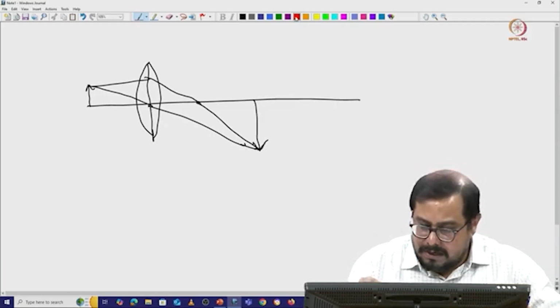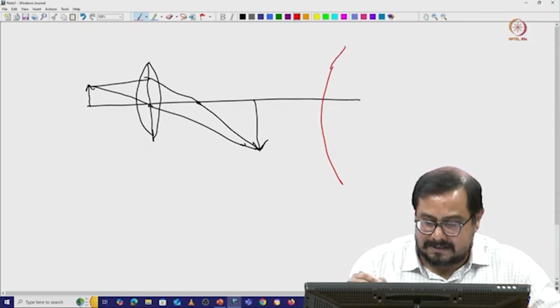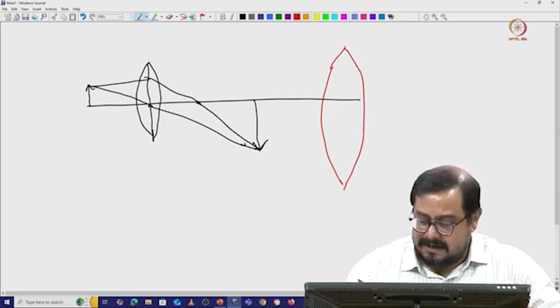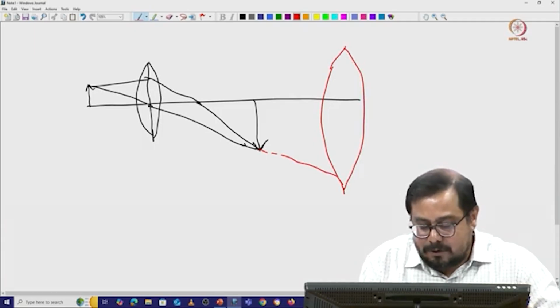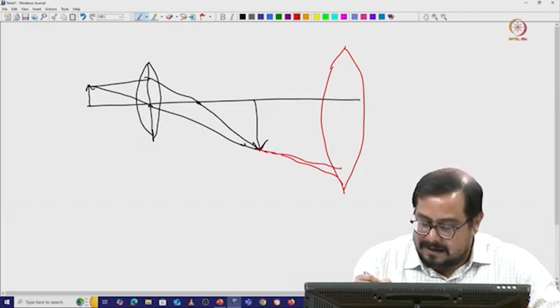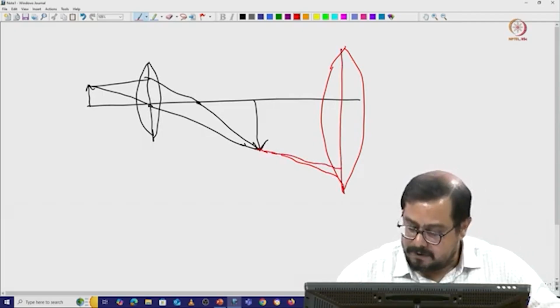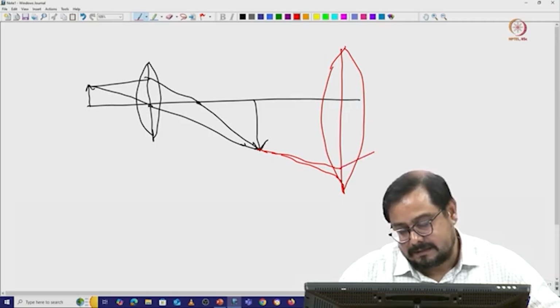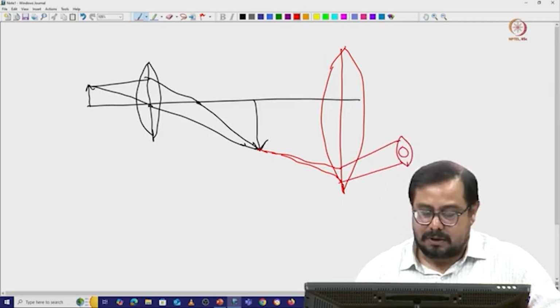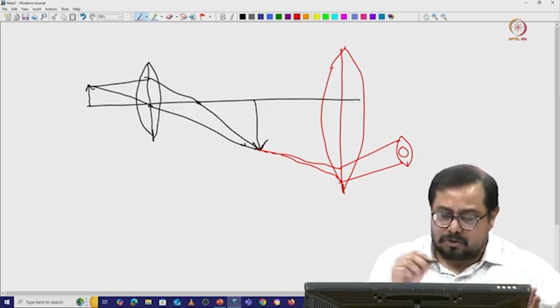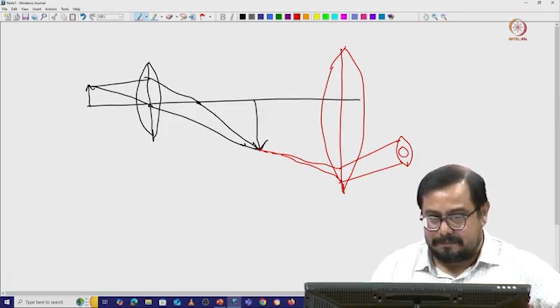Now we need a second lens system. Now we have a second lens. In this second lens system, these rays are going like that, and then we have our eye somewhere here. This is our eye which is visualizing. So the compound microscope is always a two lens system, right?